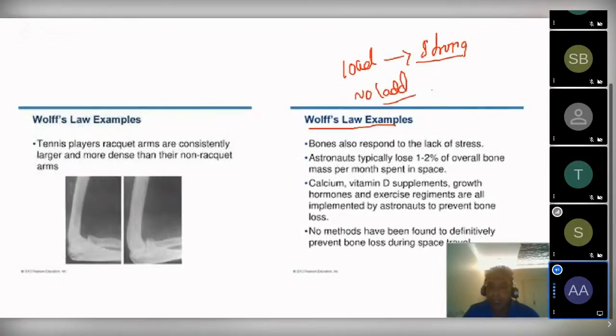If the patient is bedridden, or if there is no gravity for astronauts, there is loss of bone tissue and they become weak. So with no activity, like in a diffuse osteoporosis, or astronauts where there is no gravity or no loading, the bones become weak. So these are all some life examples of Wolff's law.